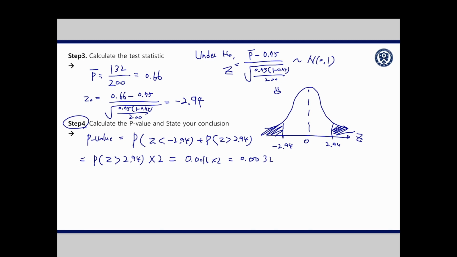Thus, at the significance level of alpha 0.05, we reject H0 because the p-value is less than 0.05.